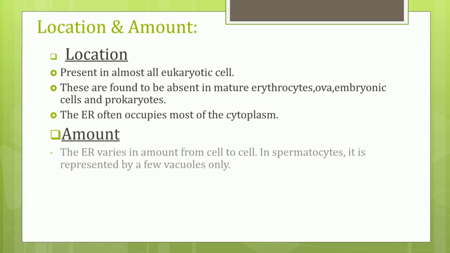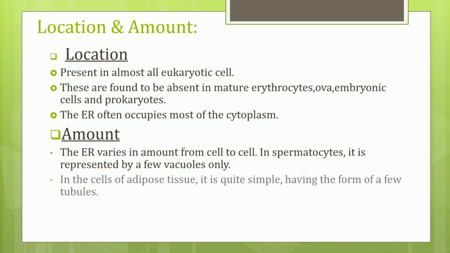What is the amount? The amount of the ER varies from cell to cell. For example, in spermatocytes, it is represented in the form of a few vacuoles only. In the cells of the adipose tissue, it is present in the form of a few tubule-like structures.